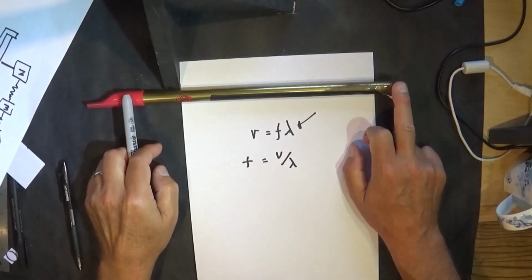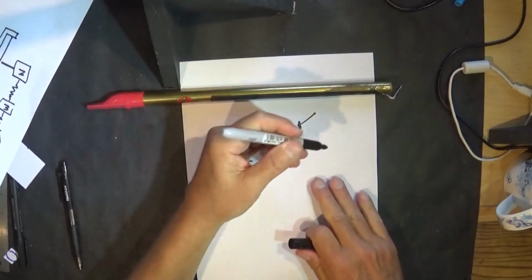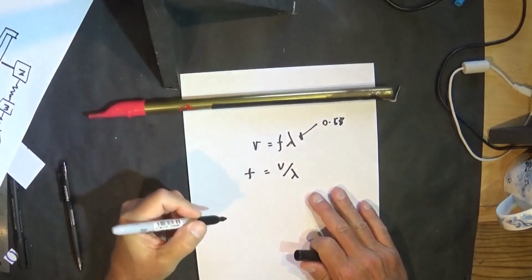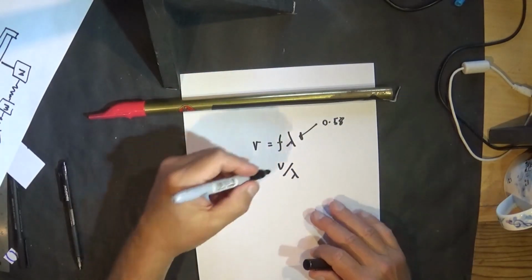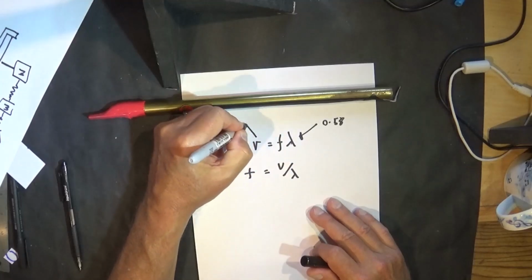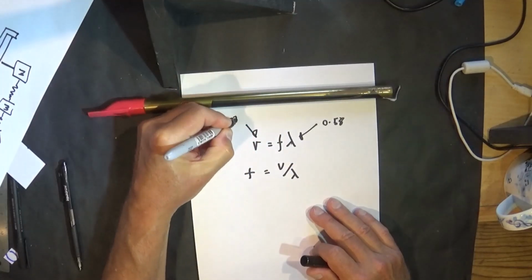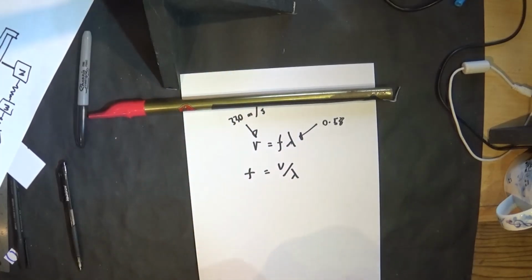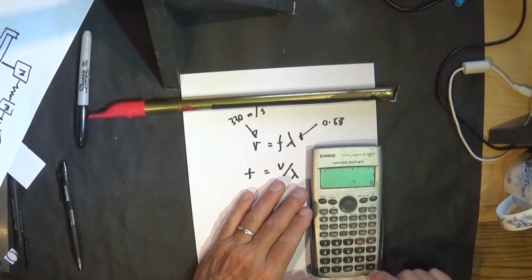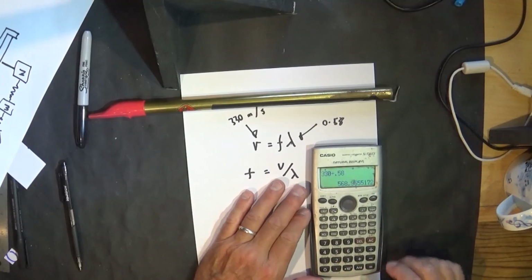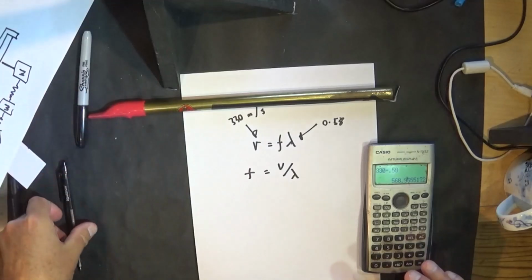So the wavelength is twice that, which is 0.58 of a metre. And the velocity of sound is 330 meters per second. So the frequency is 330 divided by 0.58 equals 568 Hertz.